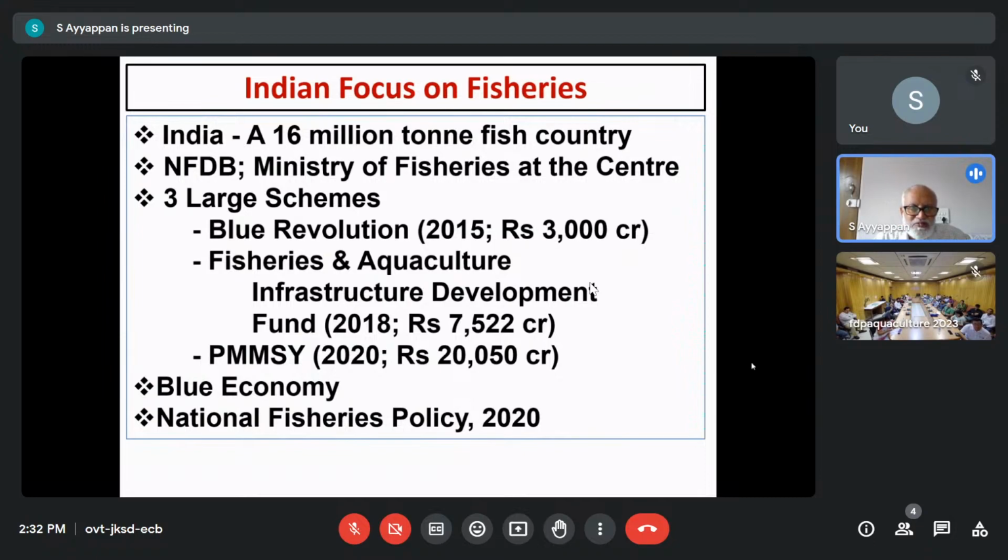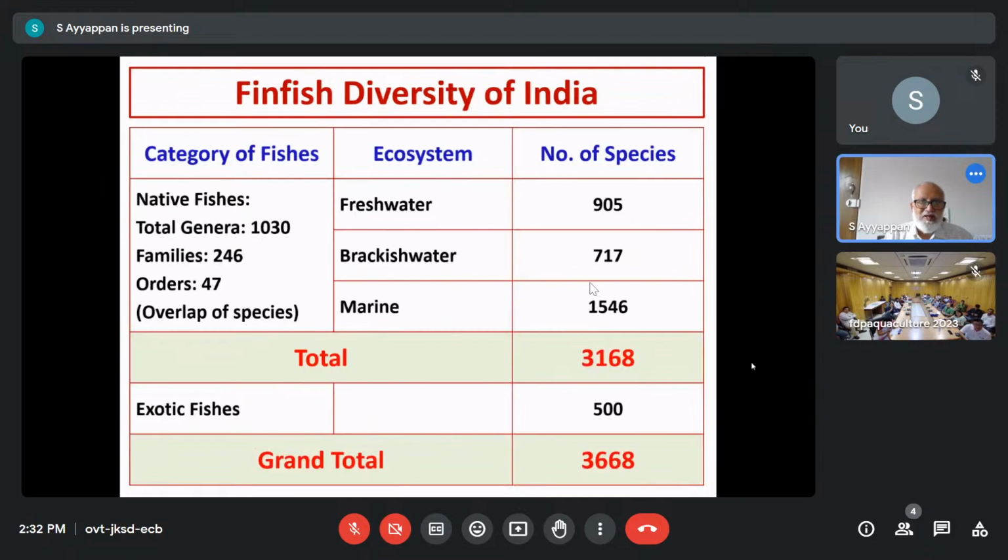Three large schemes: the Blue Revolution, this must have been talked of yesterday, the infrastructure development, the Prime Minister Matsya Sampada Yojana, and now we are a very important component of the blue economy. The blue economy includes several other things: energy, minerals. But fish has now been taken as a very important component of the blue economy, and also the National Fisheries Policy 2020 is in place.